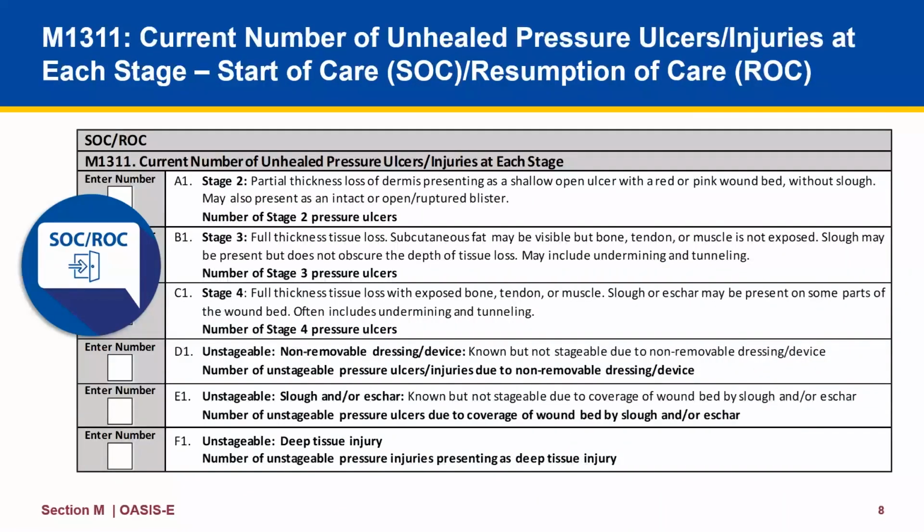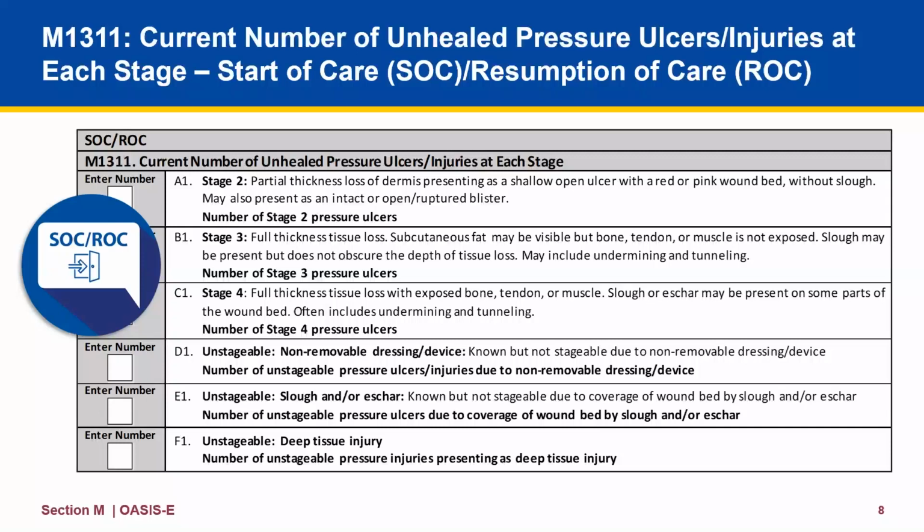This is a screenshot of M1311, the current number of unhealed pressure ulcers or injuries at each stage. This item identifies the number of pressure ulcers or injuries at each stage, 2, 3, and 4, and designated as unstageable that are observed on assessment.